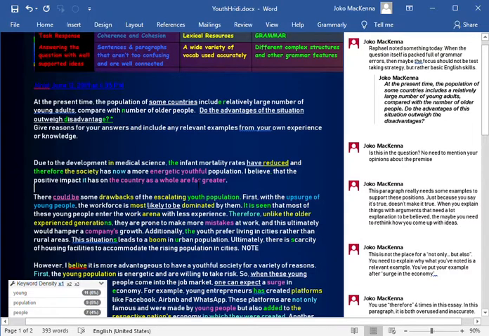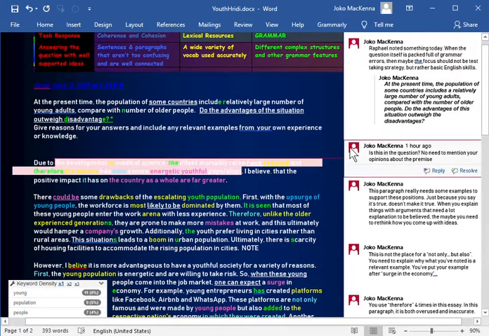Do we really know why there's more younger people? Maybe it's because, not infant mortality, but a higher birth rate. Could be that. Doesn't matter though. Okay, that's pretty good.